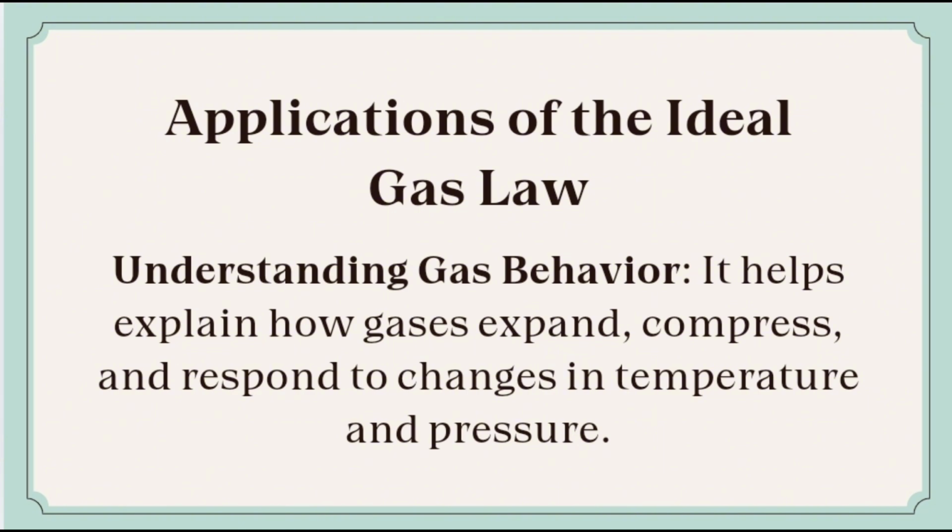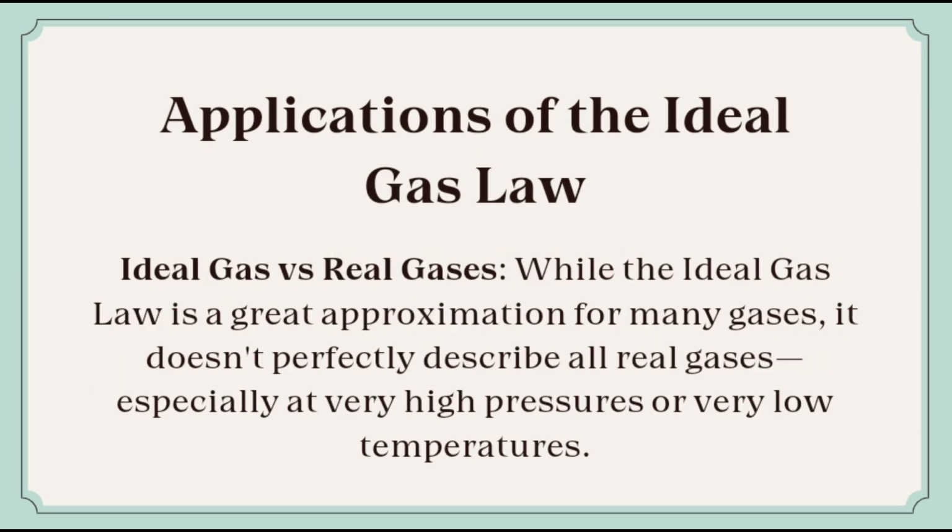An ideal gas is a hypothetical gas that perfectly fits all the assumptions of the kinetic molecular theory. The ideal gas assumes that all gases behave perfectly and identically according to the rules of the kinetic molecular theory. The ideal gas law provides a reliable approximation for understanding gas behavior.